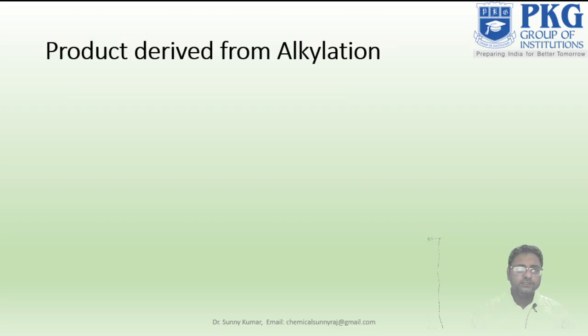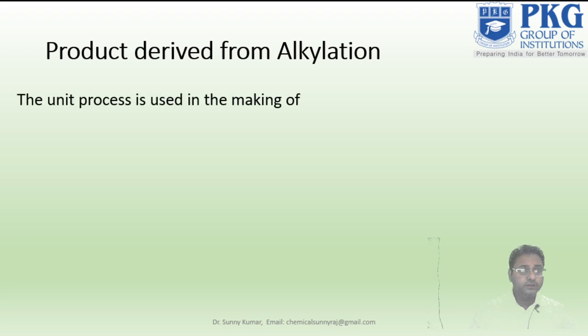Next, what types of products are derived from alkylation? We know the compounds we can generate can be halide based, nitrogenous, sulfur based or silane based. Now we will read about the products derived from alkylation.